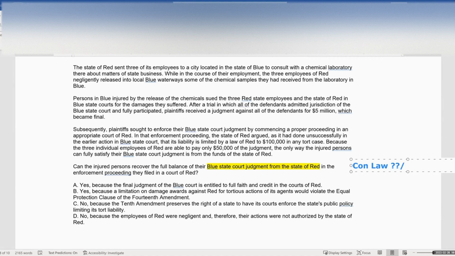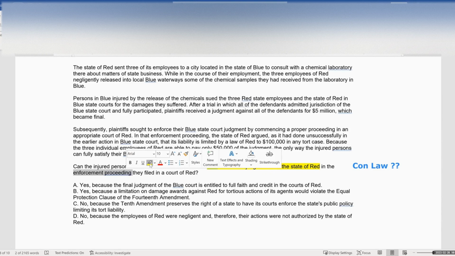And then when it's saying enforcement proceedings they filed in the court of red, we're looking at enforcing a judgment, it looks like.